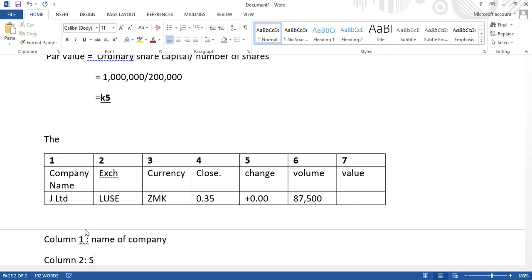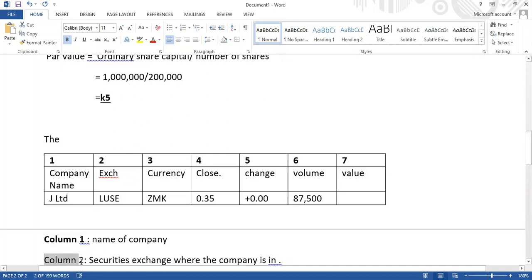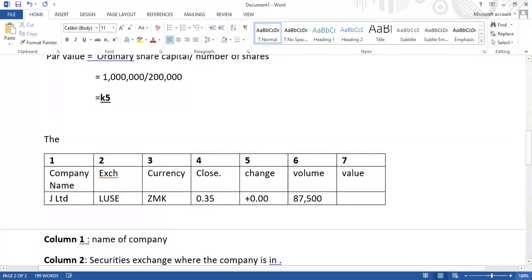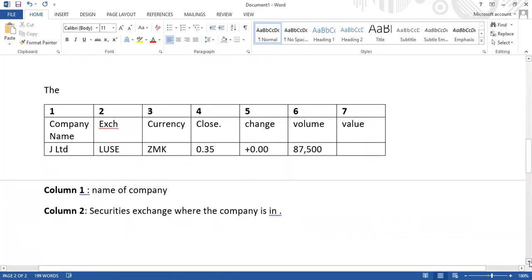Column two tells us the stock exchange where the company is listed, which we call the securities exchange. So for this J Limited company, it's on the Lusaka Securities Exchange.